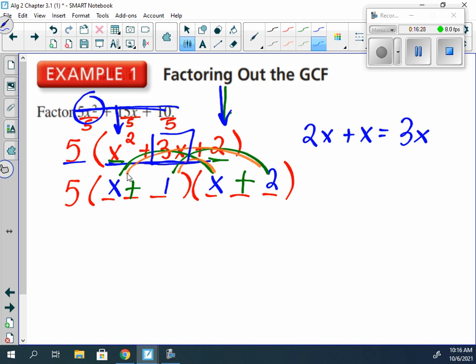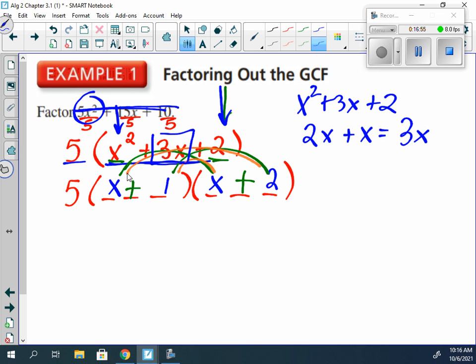So we factored it. Because we can multiply all the way through, I can do x times x, which would give me my x squared. The x times 2 and 1 times x would give me the 3x. And 1 times 2 would be plus 2. But the first and the last, I know they should work out because that's how I got the numbers. We factored them to get there.